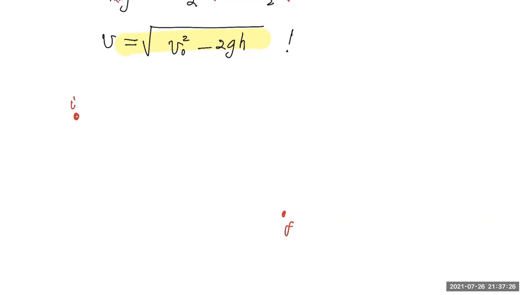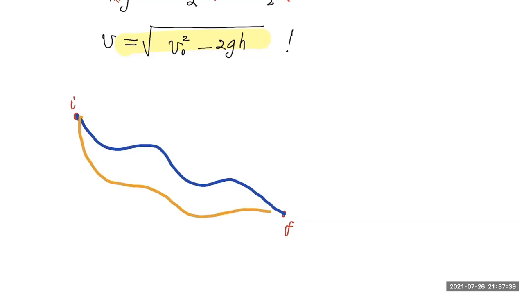You can follow a track like, let me draw it. So you can follow a track like this. You can follow a track like that. You can follow a track like that.